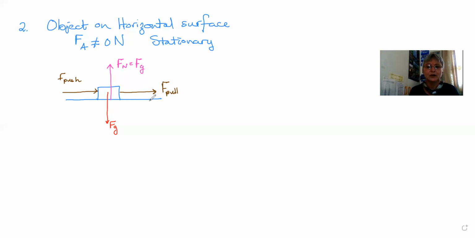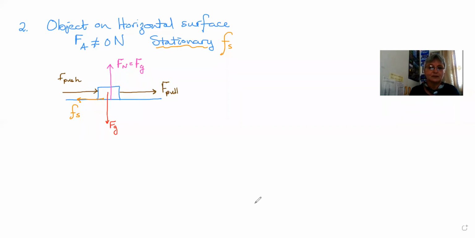The moment you have an applied force acting on the object, there would be an attempt to move the object. If there's an attempt to move the object, there would be a friction between the surface and the object surface. If the object is stationary, then the friction would be called the static friction. So here we have a static frictional force.